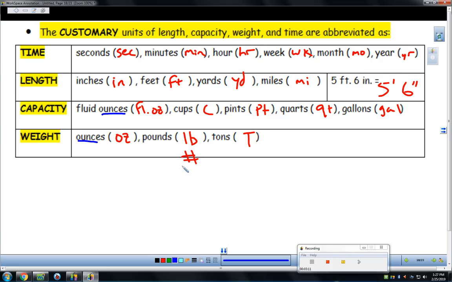And then finally, when you're talking about height or length, sometimes for feet they use an apostrophe or a single tick mark, and for inches they use quotations. You may or may not have seen that on the back of a sports card or trading card to refer to the height of an athlete.